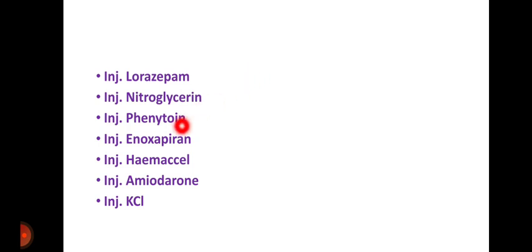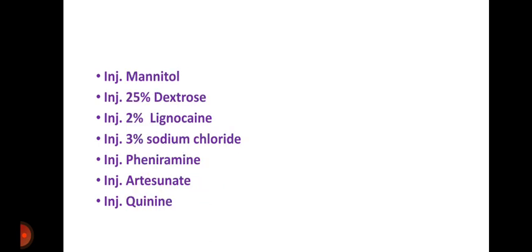Injection phenytoin is also used in epileptic seizures, and injection hemoxil is a plasma expander, and injection amiodarone is used in cardiac problems like arrhythmia. And potassium chloride is used to increase the level of potassium in the body.